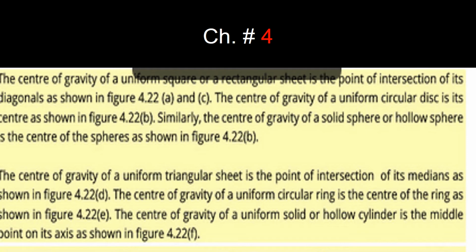The center of gravity of a uniform square or rectangle is the point of intersection of their diagonals, and the center of gravity of a uniform circular disc or a ring is the point of intersection of its diagonals or diameters. The center of gravity of a solid sphere or hollow sphere is the center of the sphere.